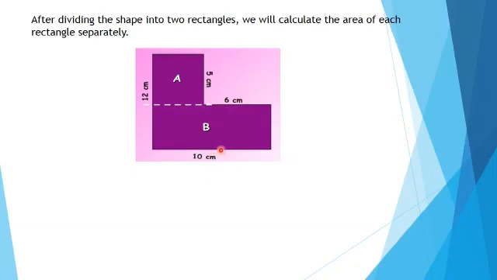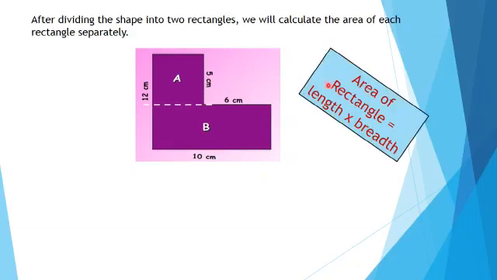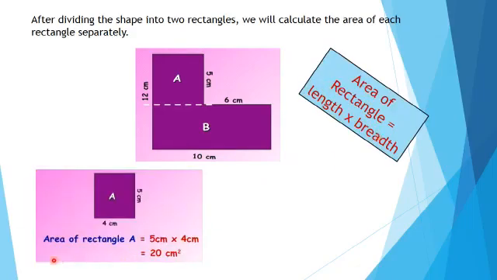And we know the formula of the area of a rectangle is length multiplied by breadth. Therefore, the area of rectangle A is 5 cm multiplied by 4 cm. That is 20 cm square. Now, for the rectangle B, we have a length of 10 cm.